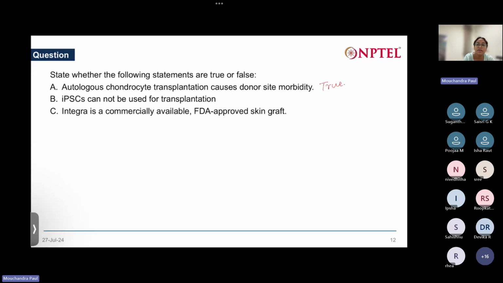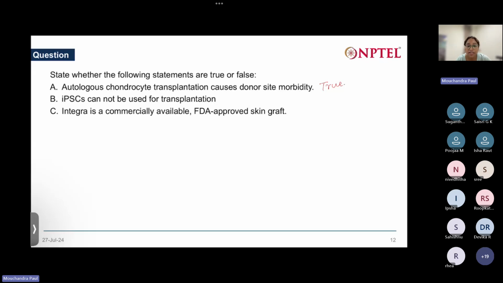The epidermis contains the cells called keratinocytes, and the dermis contains the cells called fibroblasts. So in burn patients with third degree burns, the damage is up to the dermis layer, so the dermis layer is also compromised. In those cases, Integra-like skin grafts can be used to replace the dermis layer first.